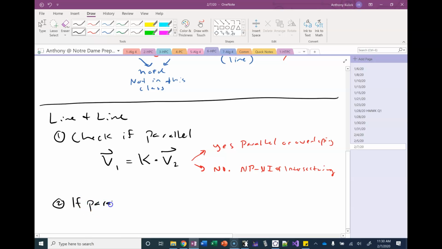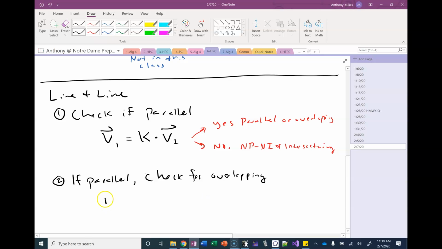So if it's parallel, then we want to check for overlapping. And the way we do that is I'm going to take the point vector from one of the lines, let me say this is R01, and see if that's on R2.